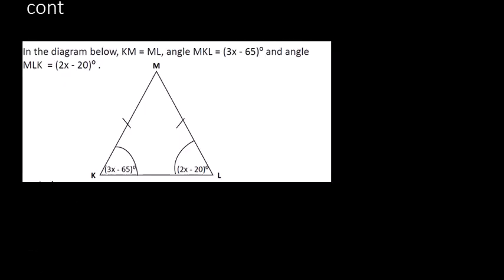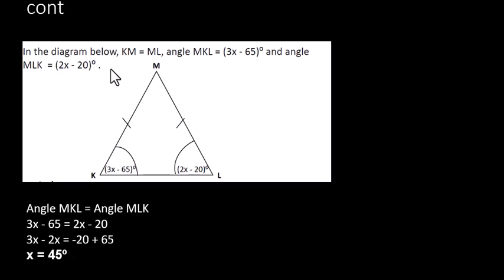Okay, so in the diagram below, KM is equal to ML, and angle MKL is equal to 3x minus 65 degrees, and angle MLK is equal to 2x minus 20 degrees.